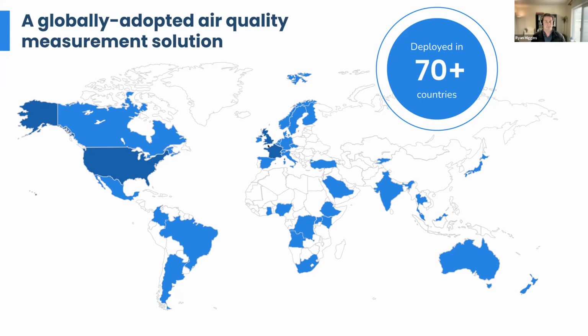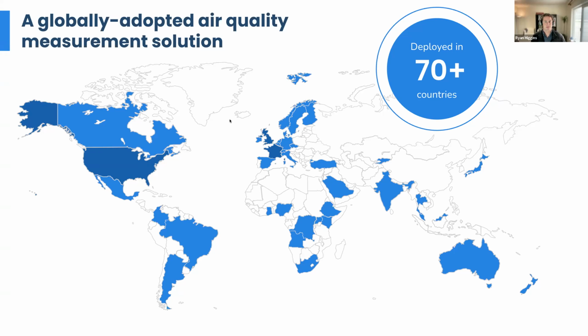But briefly, we're working in more than 70 countries around the world with government agencies, communities, businesses, all types of people who are looking to collect air quality data at scale. And we're hoping to share some of the knowledge we've learned through that work with all of you through these sessions.